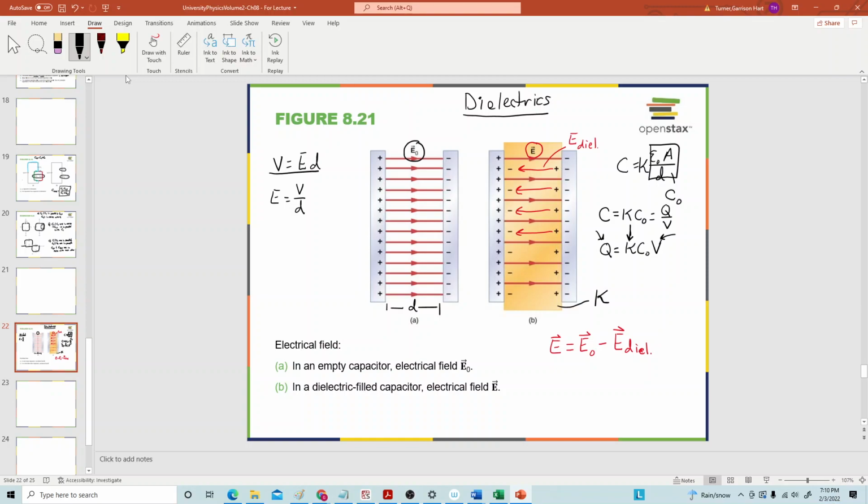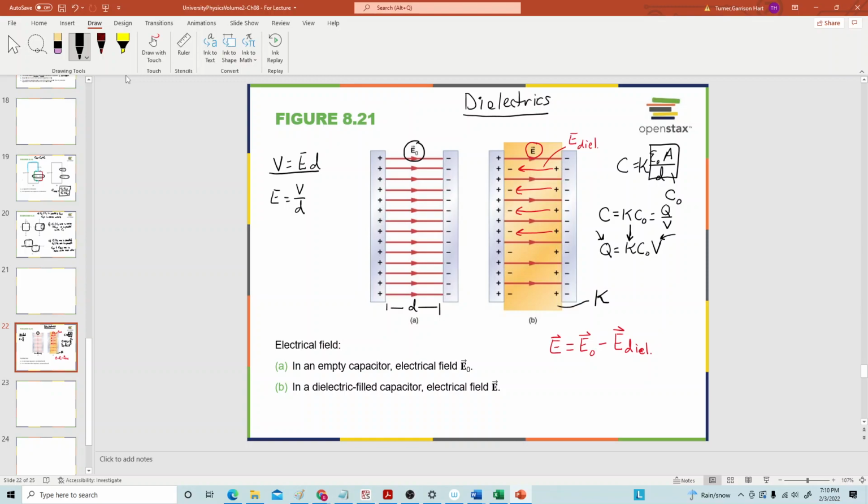Water, if you use water, you actually achieve a dielectric constant of 80, right? But that's a pretty difficult capacitor to build. So most of the time they would use things like paper or some other rather cheap dielectric that wouldn't cost a lot of material to build and insulate like water would, right?